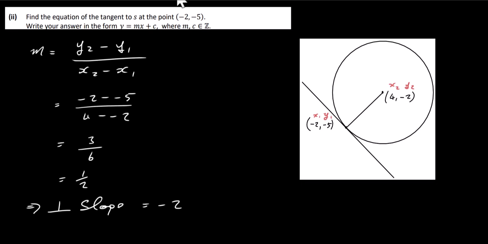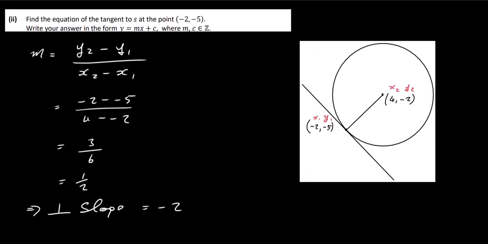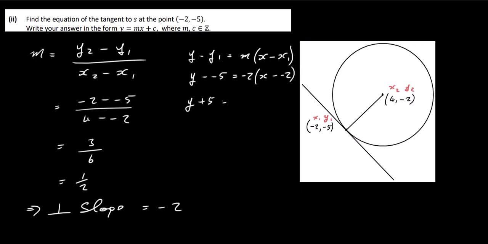So the equation of a line, let me do that over here, is y minus y1 equals m times (x minus x1). So we have y minus −5 equals −2 times (x minus −2). So this becomes y plus 5, minus minus is plus, equals −2x.